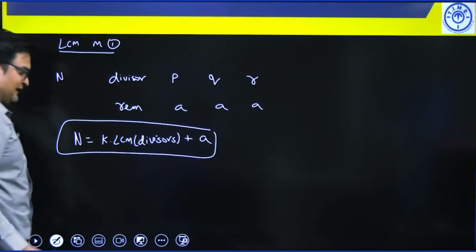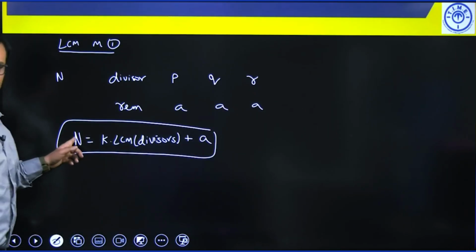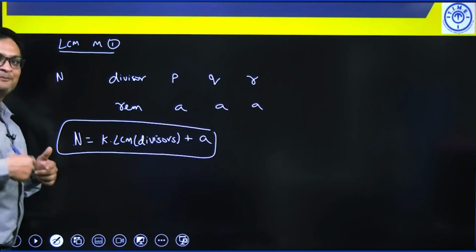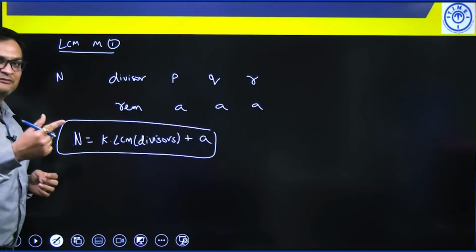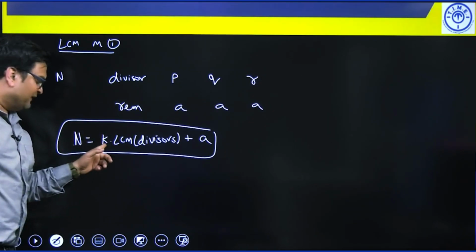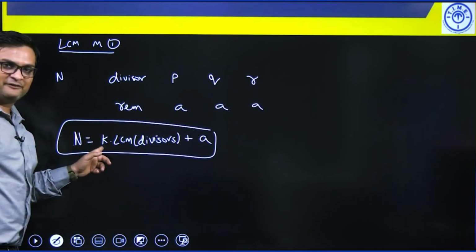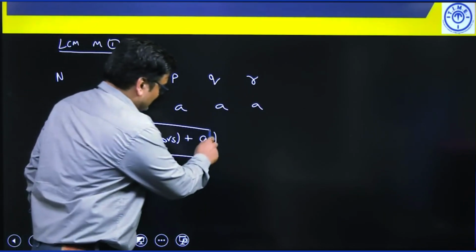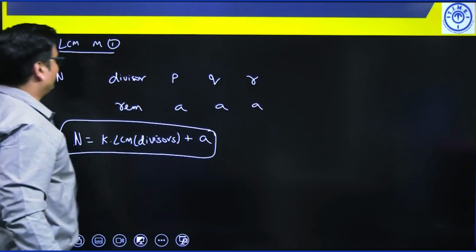This equation will directly give us the general value of n, and depending on the problem, whether you want the largest 3-digit number, smallest 4-digit number, largest 4-digit, whatever you want, you can figure that out by putting in an appropriate value for k.